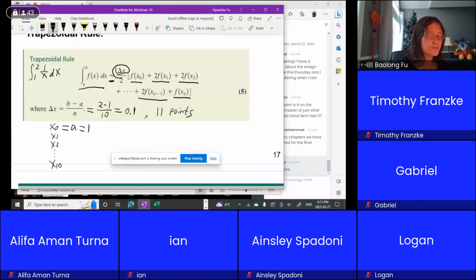And x1 is just x0 plus delta x, so it is 1.1. x2 is x1 plus delta x, so it is 1.2, etc., until x10. x10 is actually B, it is 2. And the one before x10, for example x9, is 1.9.